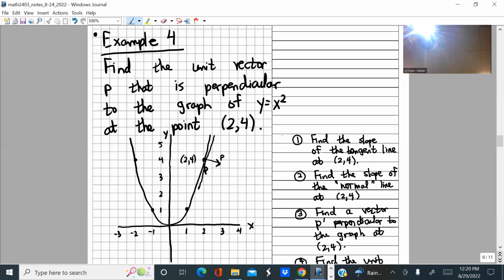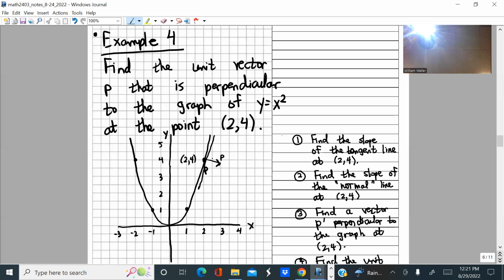But in this picture, you can sort of think of that vector as being a line. If you draw a picture of that vector, you get something that looks like a straight line. So you want that line that's imitating the vector and this tangent line that's imitating the curve to be perpendicular to each other.